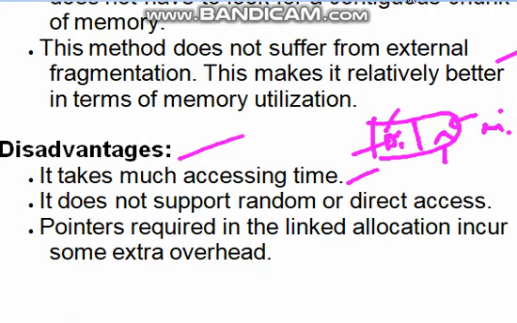It does not support random or direct access, as it is linked with the previous field. Pointers are required in linked allocation, so maintaining pointers and address fields is somewhat of an overhead. These are the disadvantages of linked memory allocation.